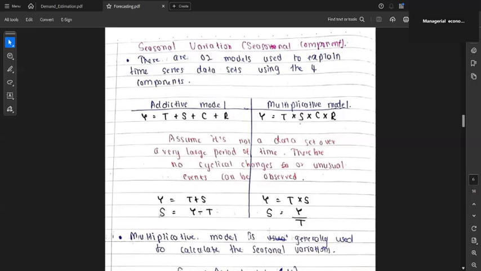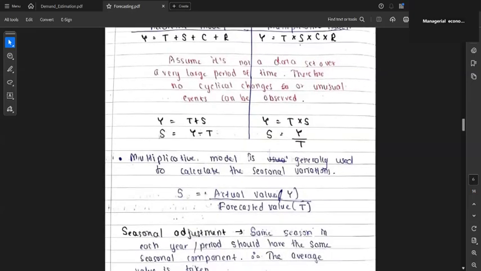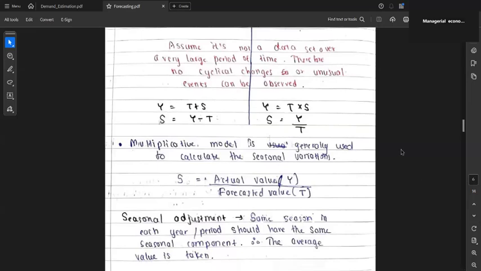Therefore, no cyclical changes or unusual events can be observed, because it's not a very large data set for a long period of time, and there are no unusual events during the considered time period.